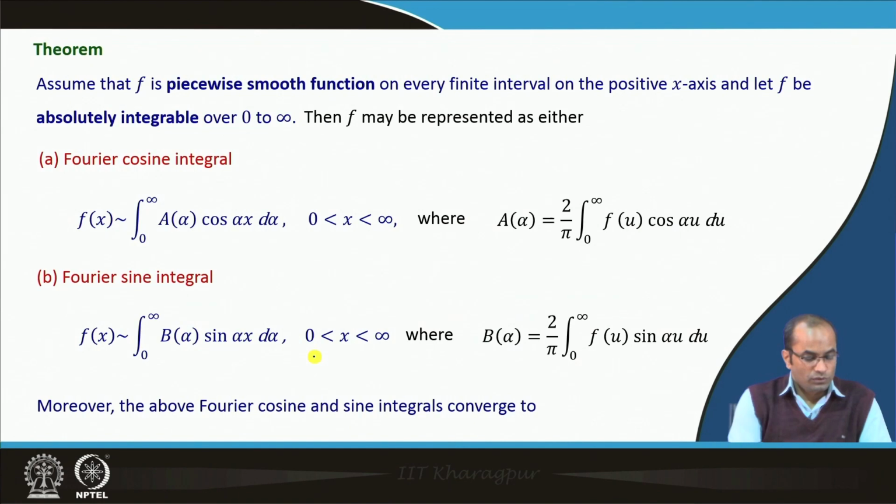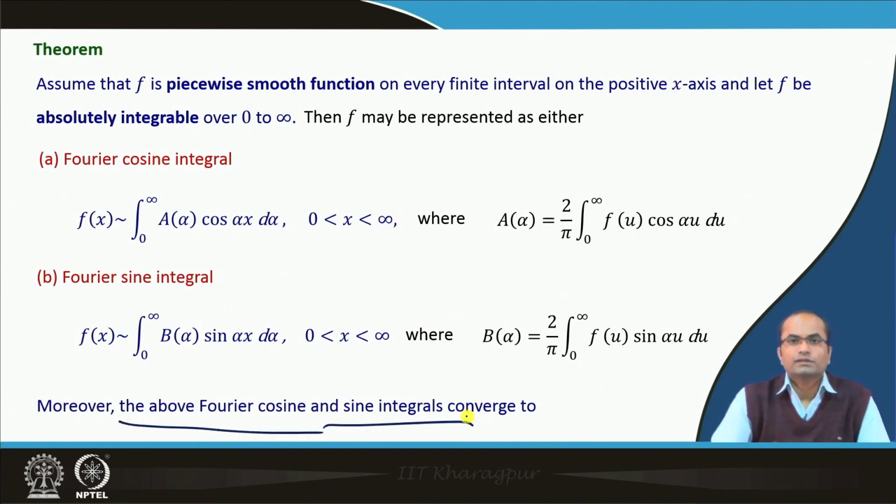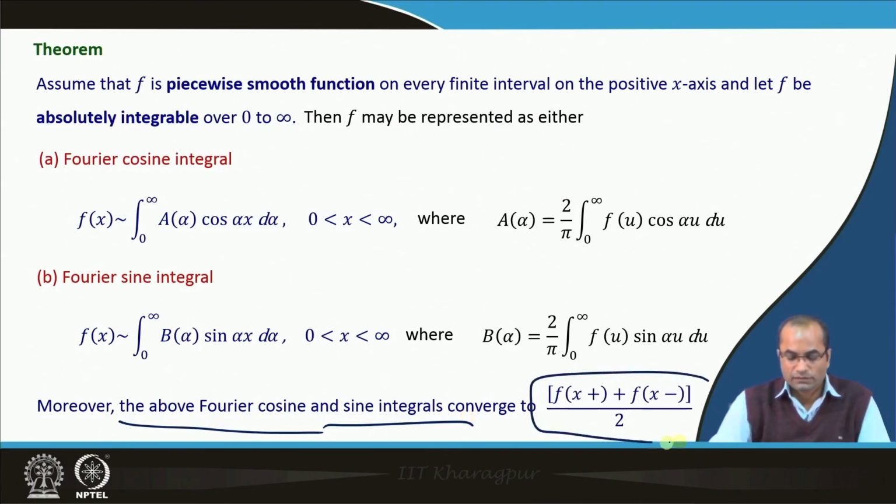Moreover, the above Fourier cosine or sine integral converges. The convergence is exactly what we have already discussed in the previous lecture for the integral representation. These integrals will converge to the average value, and at a point of continuity the convergence will be to the function value itself.